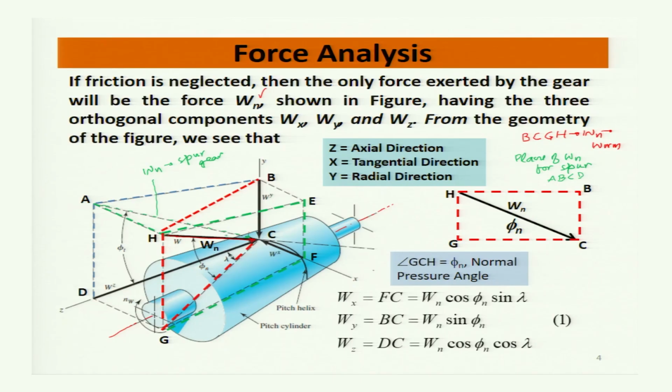We are just taking the analogy. Now, as the thread is rotated by an angle, the lead angle, the angle between the ABCD plane, the plane of Wn for the spur gear, and the BCGH plane, where the Wn for the case of worm will act, is equal to the angle by which the thread is rotated.